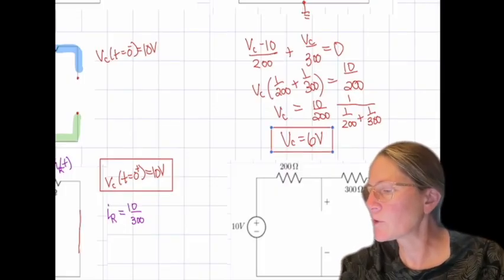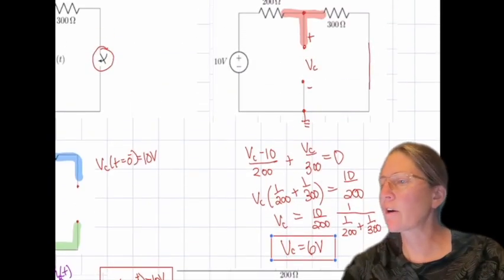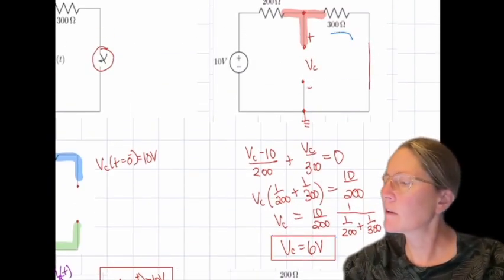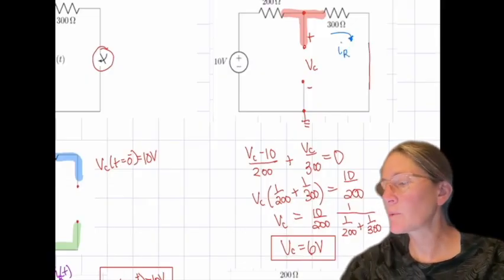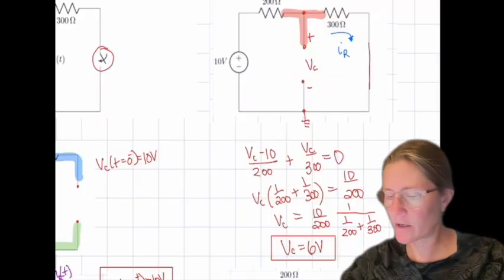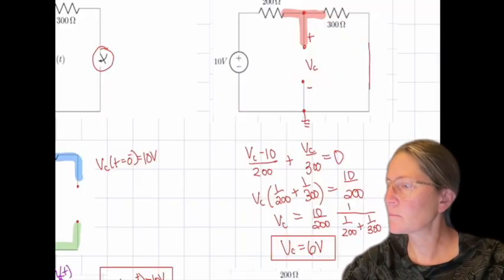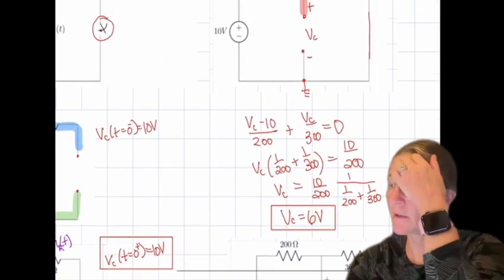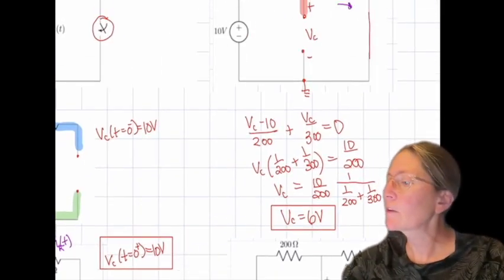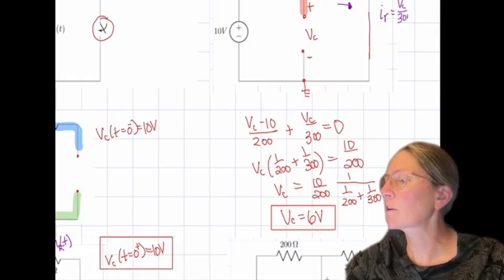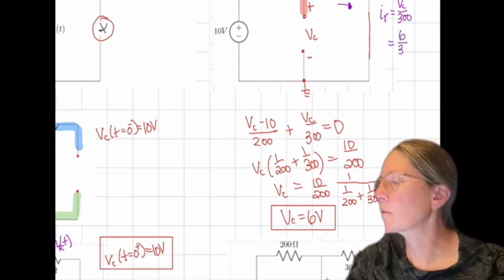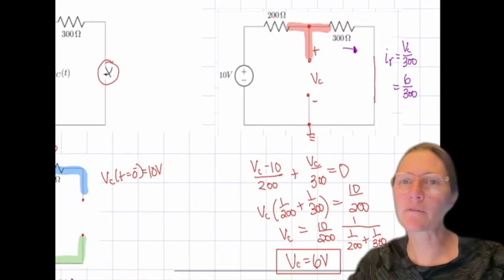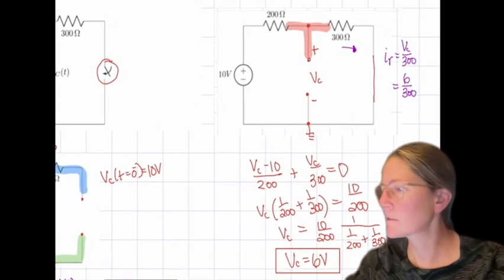If I was trying to find the expression IR, then this would be the final value for IR. I did it in pink, or purple. So IR would be Vc over 300, and that is 6 over 300. And this would be my final value for that variable.